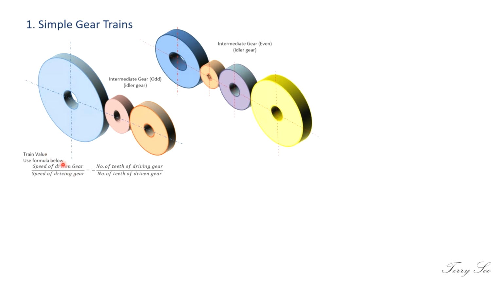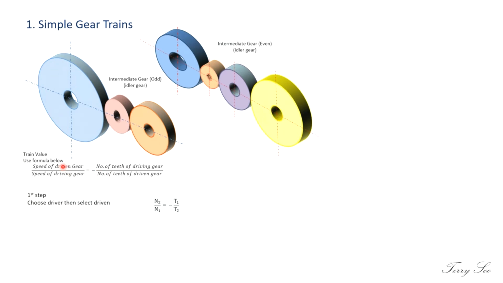Bear in mind, when you write down the train value, it should be in terms of N, in RPM or RPS: N of driven gear over N of driver gear equals T of driver gear over T of driven gear, with a negative sign if they are rotating in opposite direction. Referring to the first or second diagram, neighboring gears are usually rotating in opposite direction, so there is always a negative sign here.